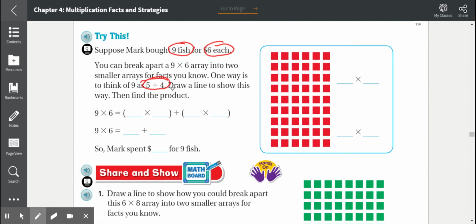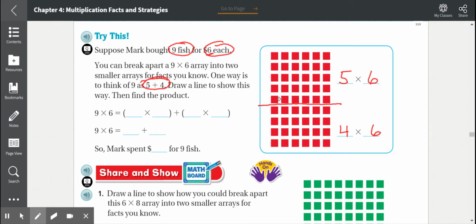So let's count down 5 and then draw a line. 1, 2, 3, 4, 5. So remember, we have not broken apart the 6. We still have 6. What we did break apart was the 9. Here was the 9, and now we have 1, 2, 3, 4, 5. 5 times 6, and then 1, 2, 3, 4.